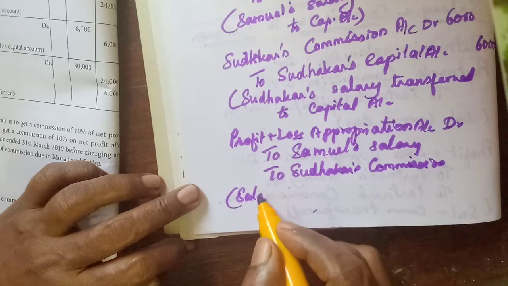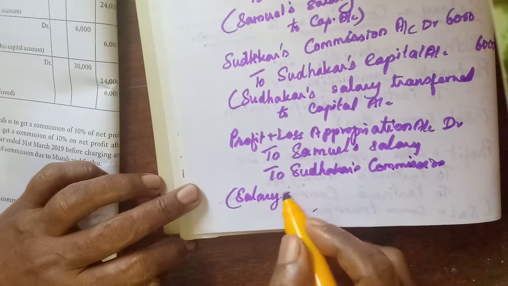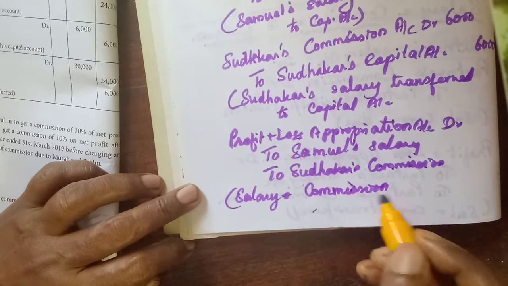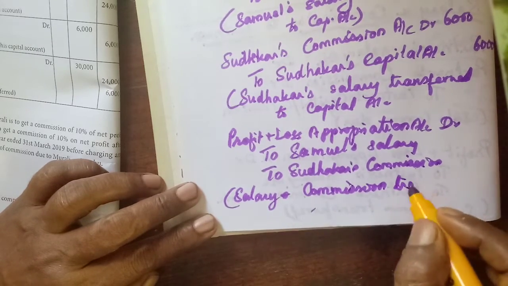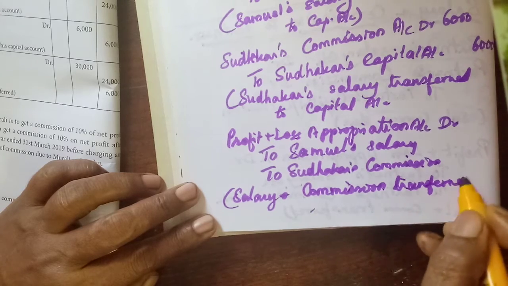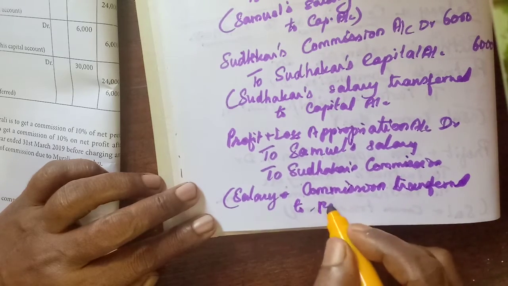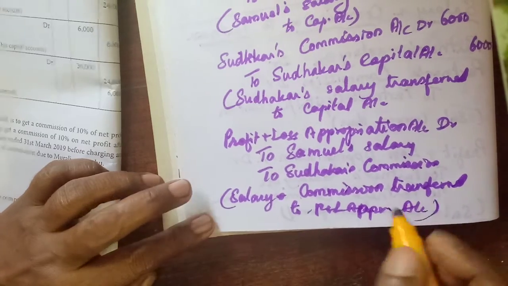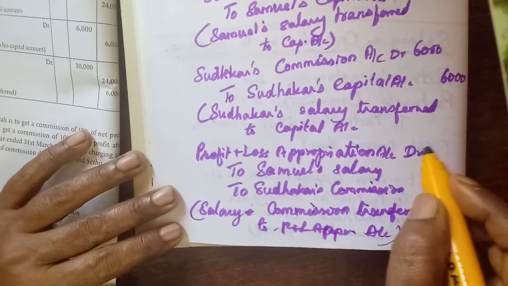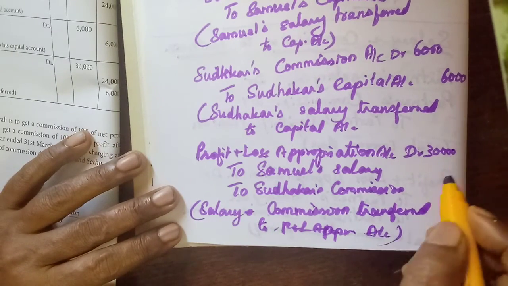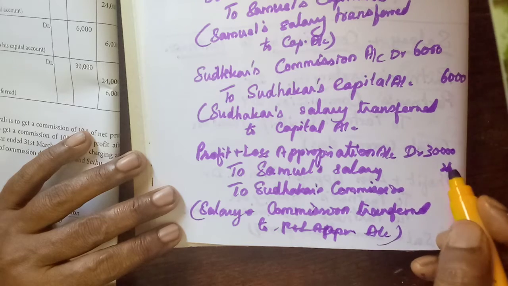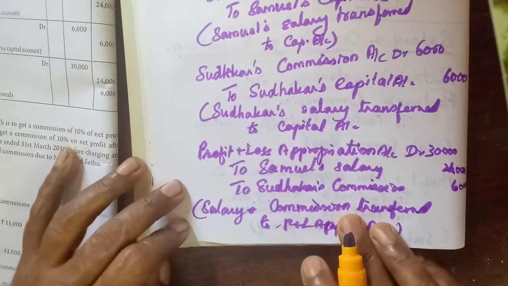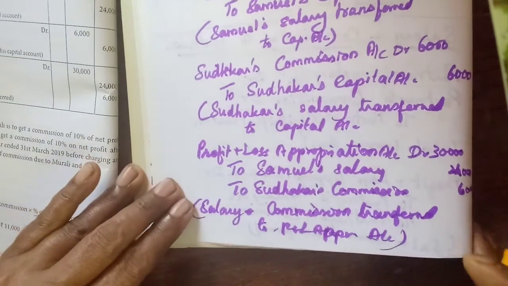Salary and commission transferred to profit and loss appropriation account. Totally 30,000. Here 24,000. Here 6,000. Okay, that's all. Entry alone they have asked. Okay, students.